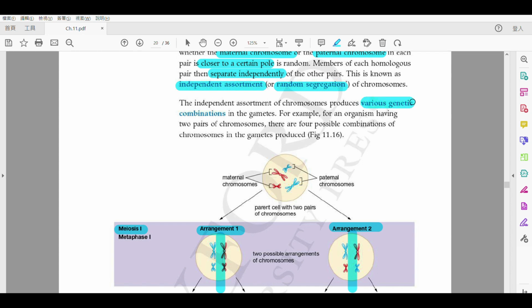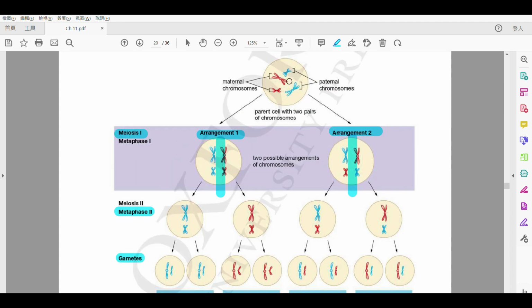So the independent assortment produces various genetic combinations. For example, you can see only 2 pairs of homologous chromosomes. With 2 pairs of homologous chromosomes, how many outcomes in total? 1, 2, 3, 4, 5, 6, 7, 8, 8 outcomes?